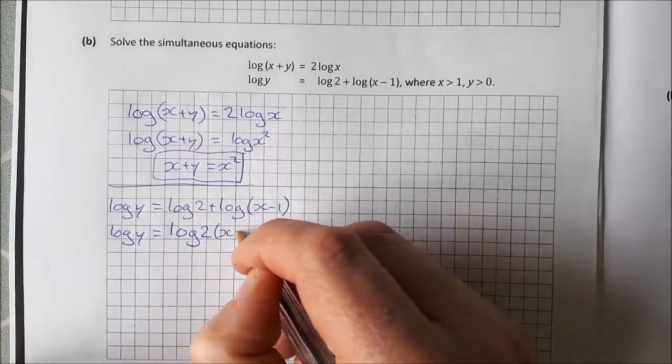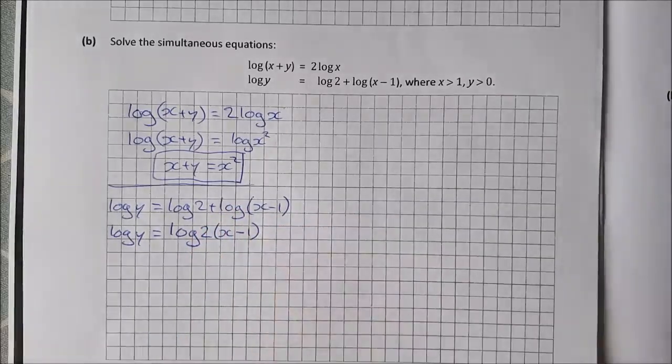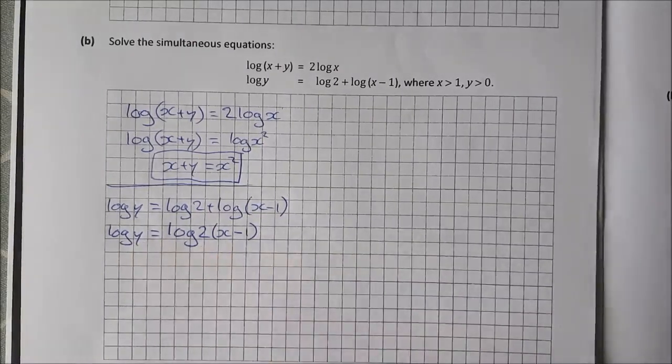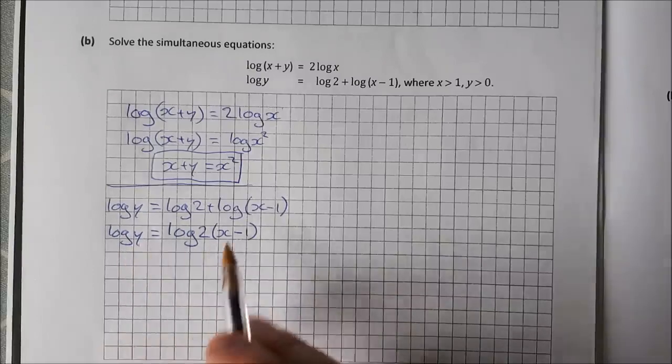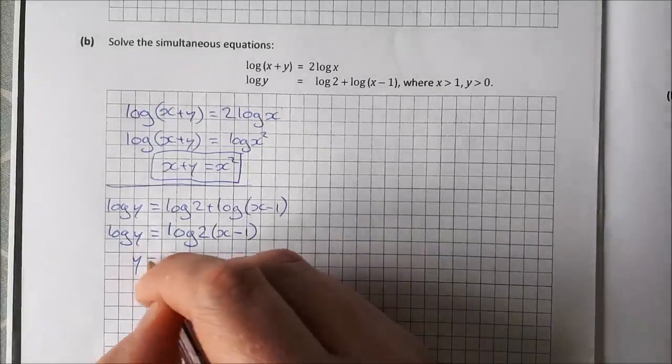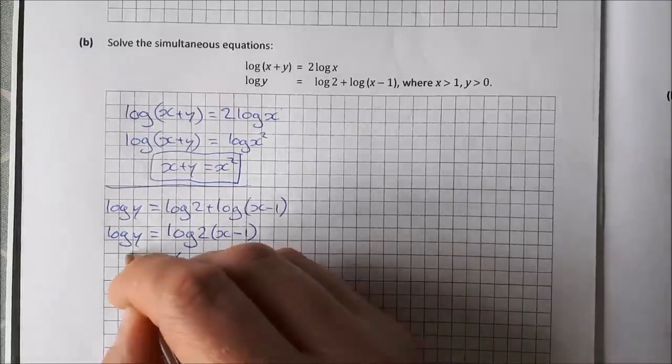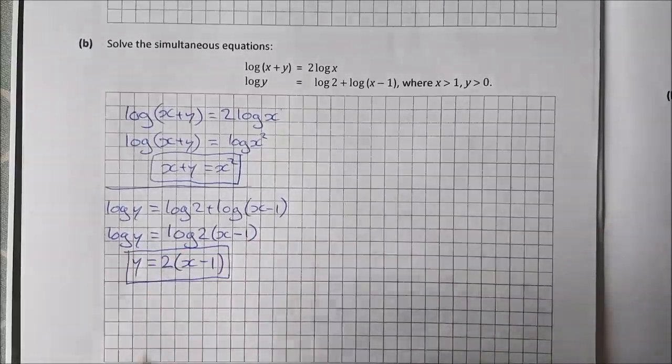So 2 times x minus 1. And this gives me the same thing as the last time. I have log of y equal to the log of 2 times x minus 1. That means y is equal to 2 times x minus 1. And that's my other equation there in x and y.